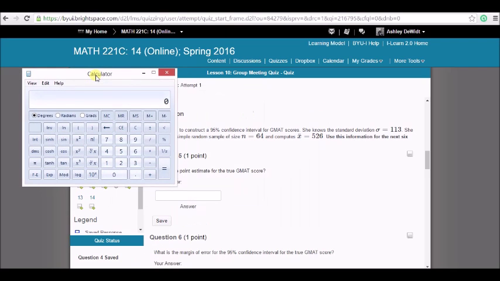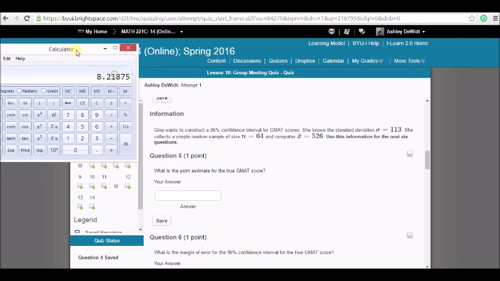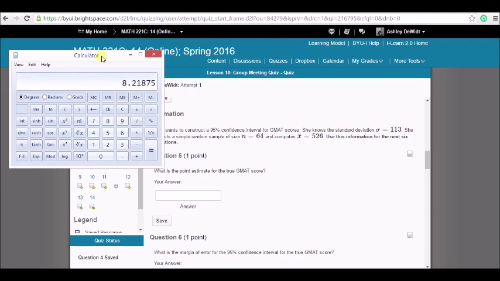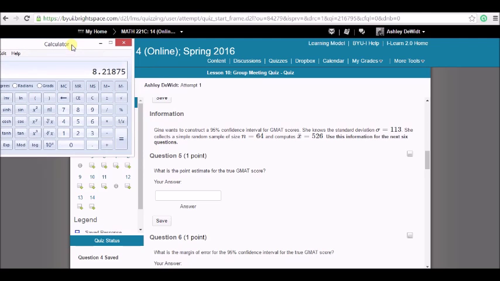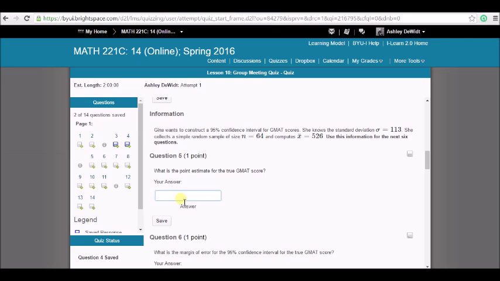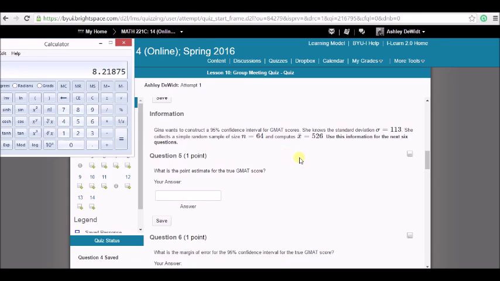So 6 divided by 4. You're supposed to round up to the next one, so it'd be like 9. But it would have to be a score, and if the score is so high, I don't think it would be 9.